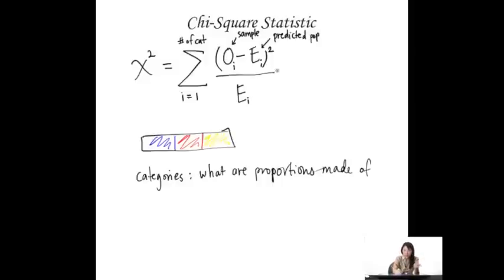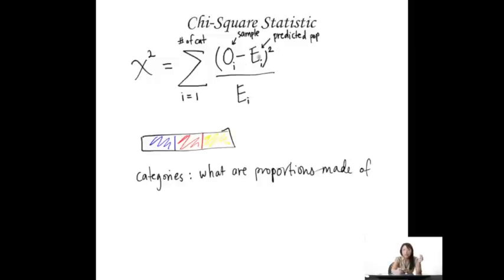So here's what I want you to think of this as. It's really the squared difference between observed and expected frequencies as a proportion of expected frequencies, and you want to sum that over all the categories. Once you have that, then you get your chi-square value. Now let's think about this chi-square value.